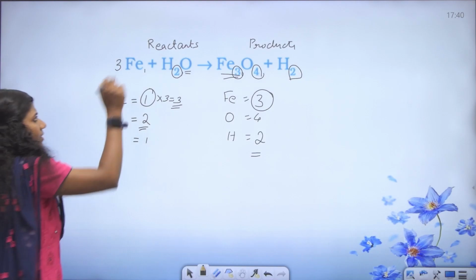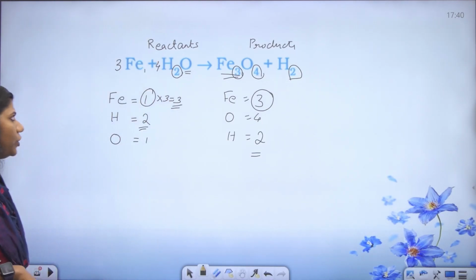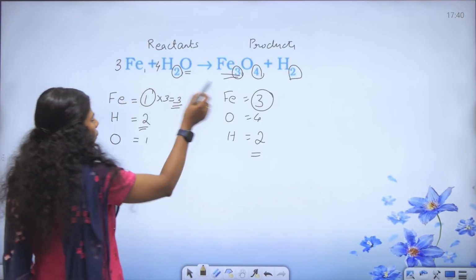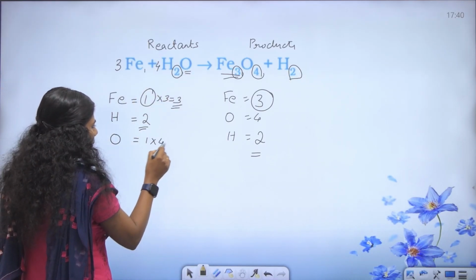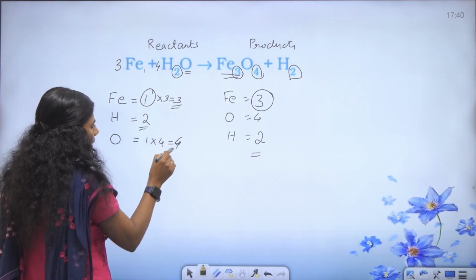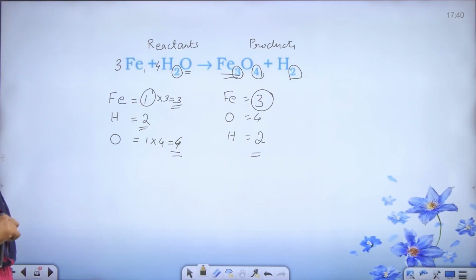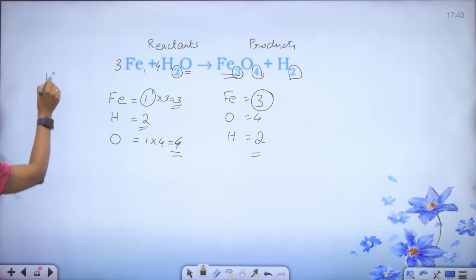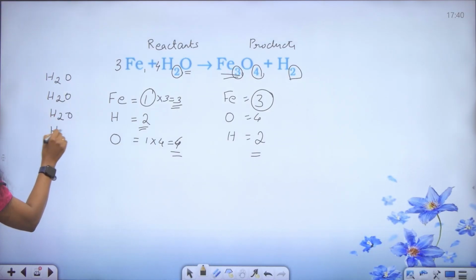Yes, correct. I will put 4 here. 4H2O. Number of oxygen atoms is 1 into 4, that is equal to 4. But in 4H2O, how many hydrogen atoms are present? 4H2O means 4 H2O molecules: H2O, H2O, H2O, H2O.